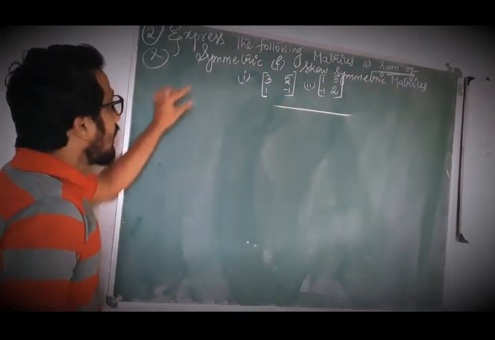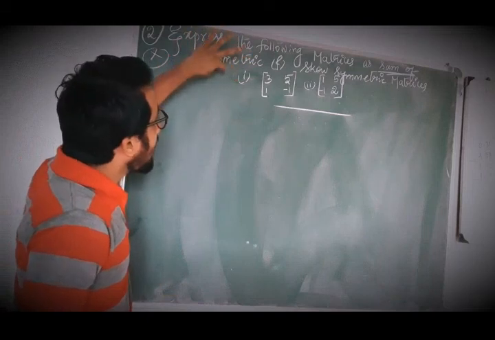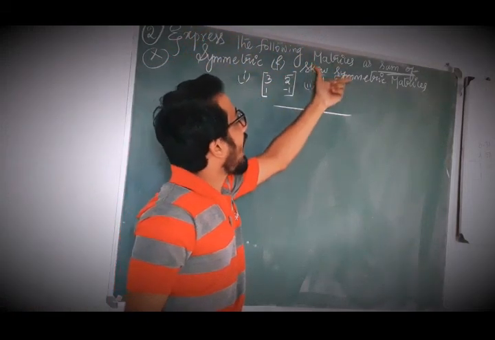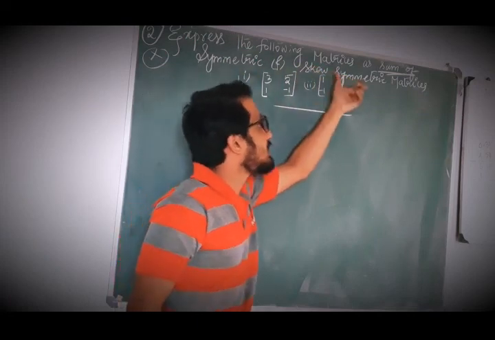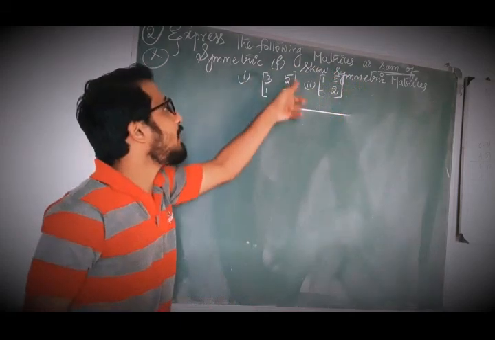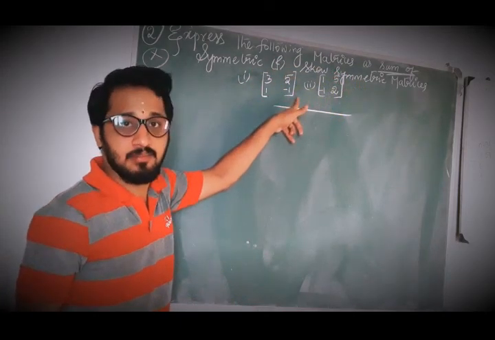That means after finding symmetric and skew symmetric, when you add them, you have to get the original matrix given in the question.